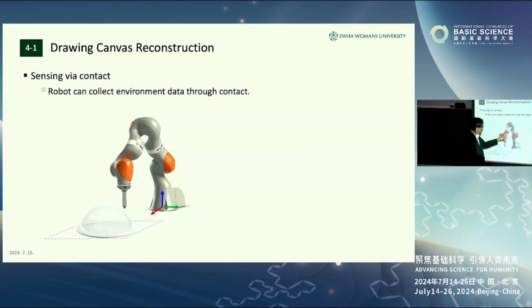These days, a lot of these manipulators are equipped with torque sensors or force sensors at each joint, so it can sense whenever it touches the target surface. By touching it, you can measure the height from the ground plane, which is known as a height field in computer graphics. So we touch a bunch of places, a kind of sampling of the target geometry.